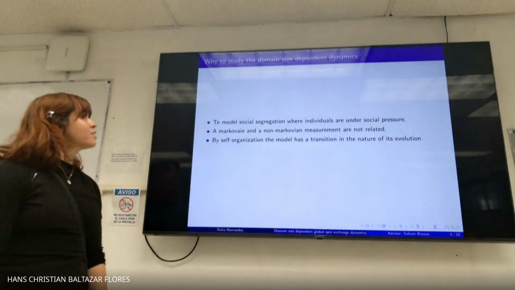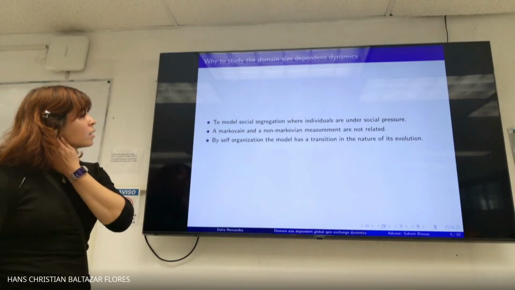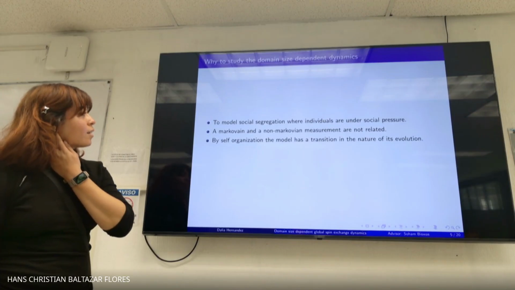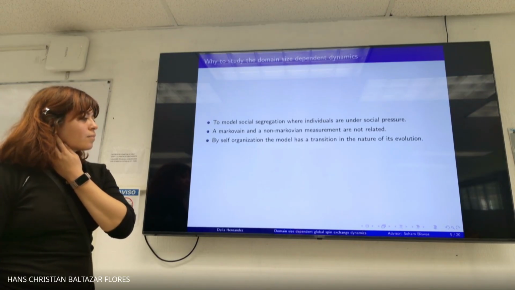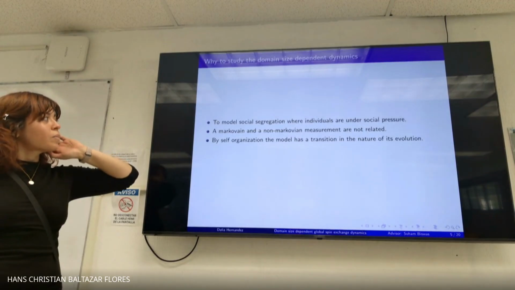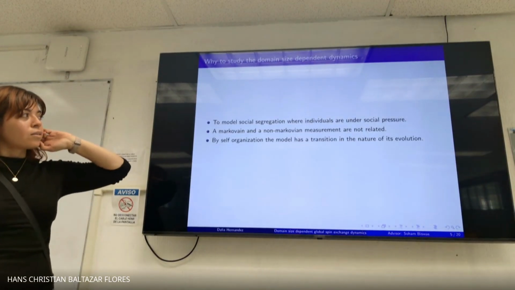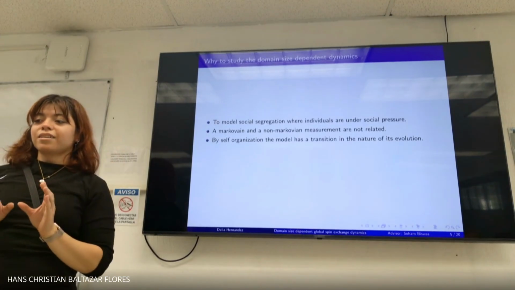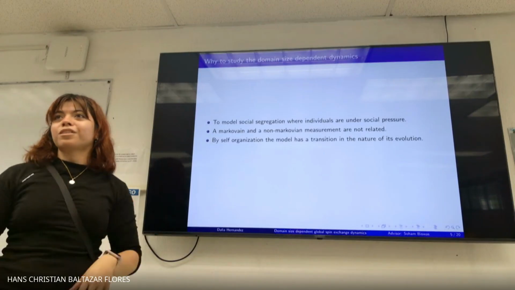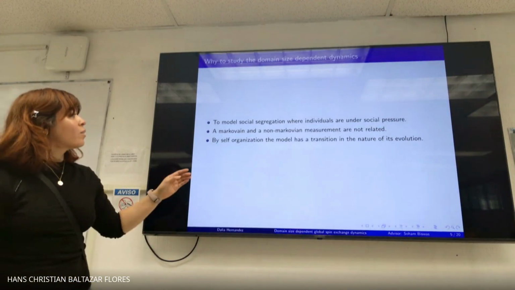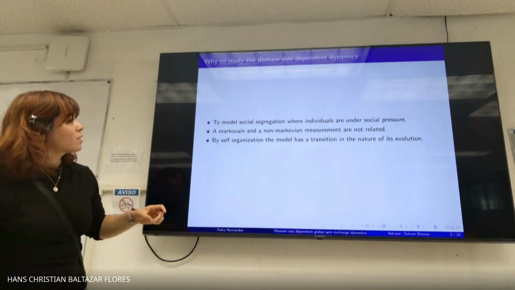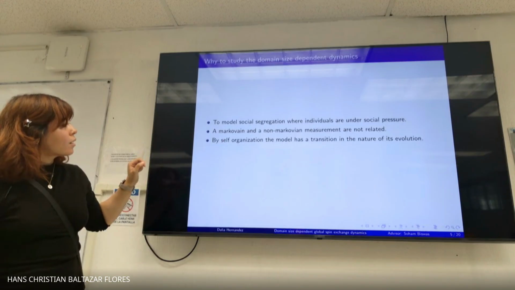Why did we study this domain size dependent dynamics? Because the purpose in the application is that this model could represent social segregation, where individuals are under social pressure because they interact with domains that put pressure on them to change their opinion or to move away.